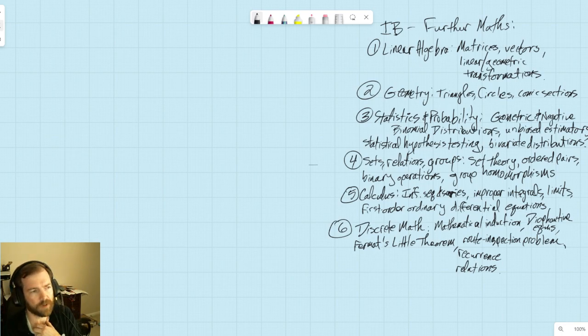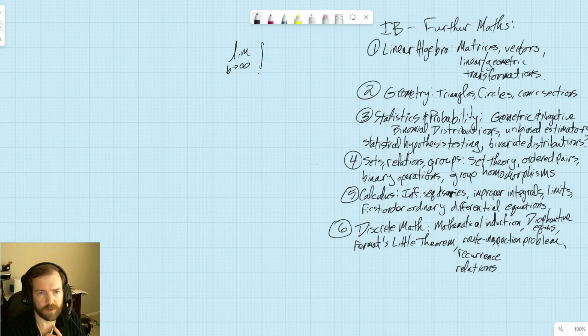Yes, improper integrals are the ones where you have to change the limits. So typically you get something like: find the limit as b goes to infinity of the integral from 3 to b of, I don't even know, x squared plus 1 over x minus 5.